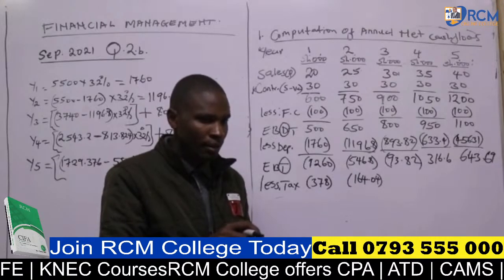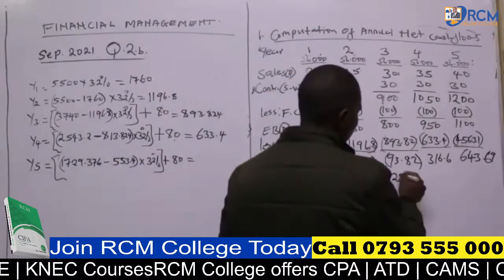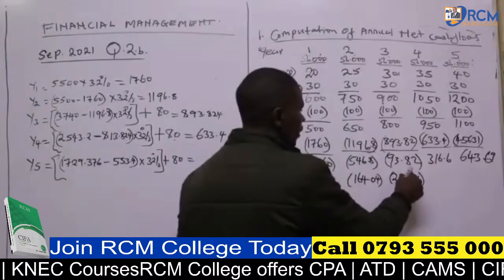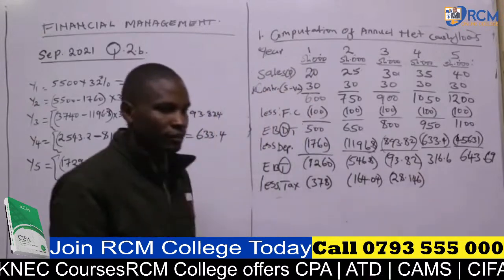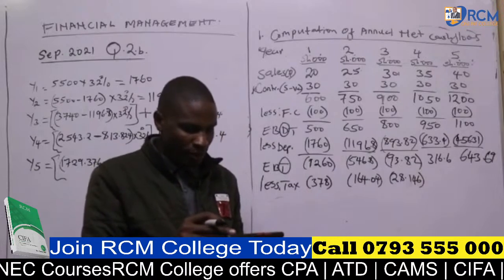How much do you get? 28.146. We are really trying. Your hope is negative too.